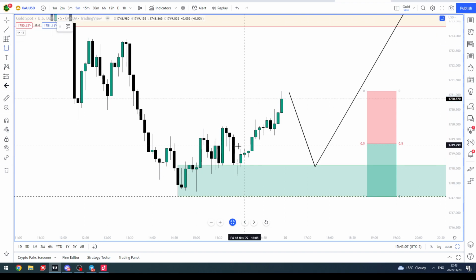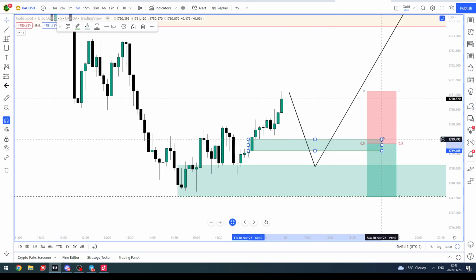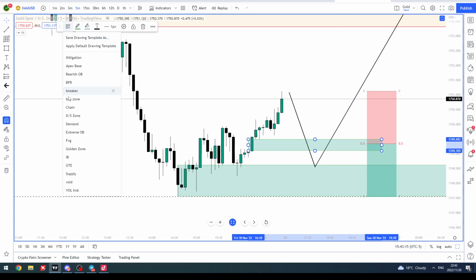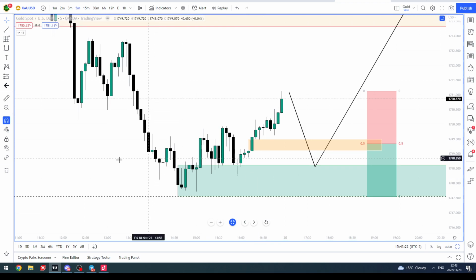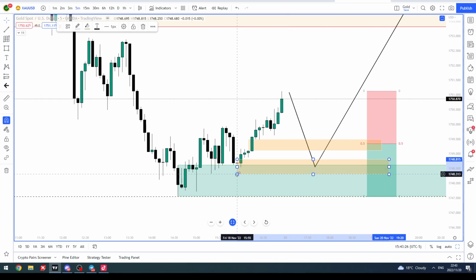You have a fair value gap in here. Do we want to be taking that? It's at the 50%, so you could possibly take that. That can be an entry. You have another order block within here, right? So plan your trades around these levels here.